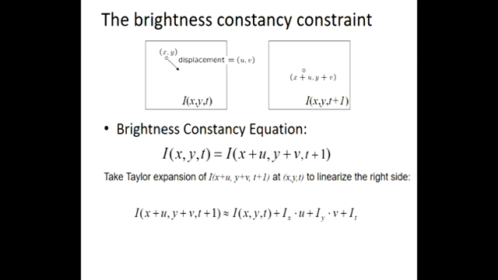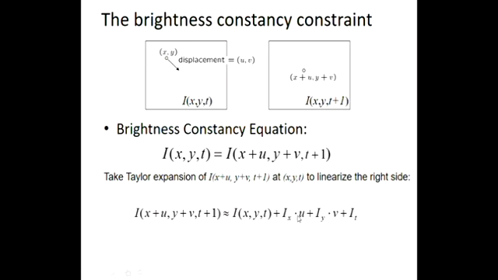The Taylor expansion of this function at (x, y, t) is the x derivative of the function times (x plus u minus x), plus the y derivative of the function times (y plus v minus y), plus the t derivative of the function, which means the difference of intensity between consecutive frames, times (t plus 1 minus t).